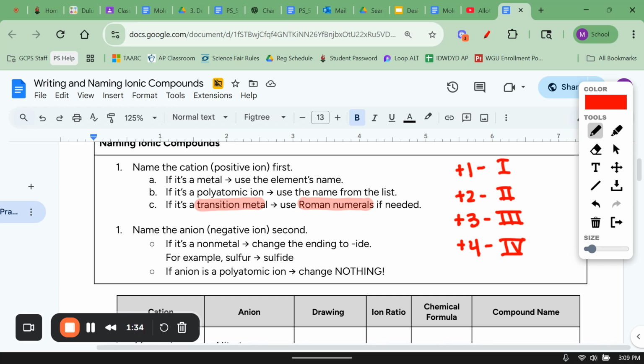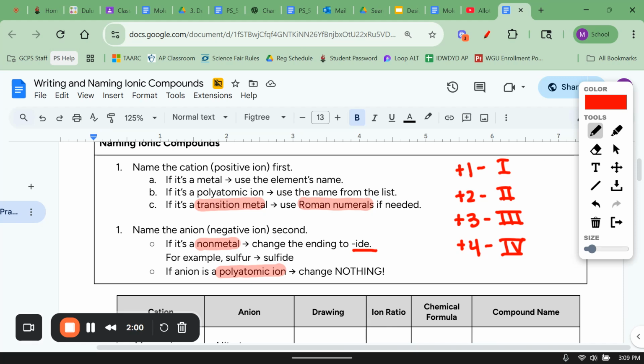To name the second part of the compound, which is your anion, you're going to look at if it's a nonmetal or a polyatomic ion. If it's a nonmetal, you want to just change the ending to IDE. So something like sulfur would become sulfide. Something like oxygen would become oxide. Phosphorus would become phosphide. Bromine would become bromide, and fluorine would become fluoride.